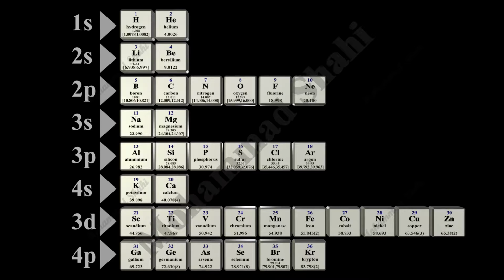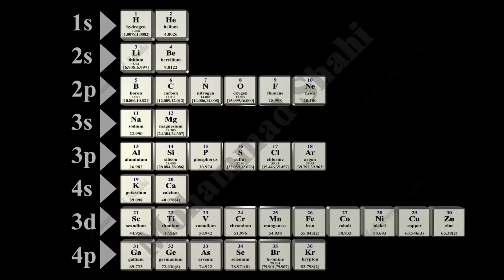Then we have the filling of the 3s subshell associated with two elements, sodium and magnesium, with atomic numbers 11 and 12 respectively. Subsequently, the filling of the 3p subshell happens associated with six elements, aluminium, silicon, phosphorus, sulfur, chlorine, and argon, with atomic numbers from 13 to 18.